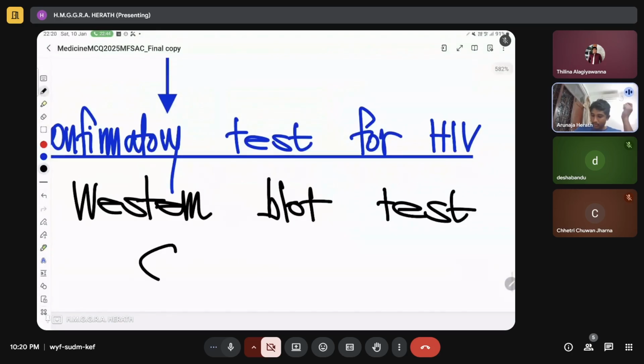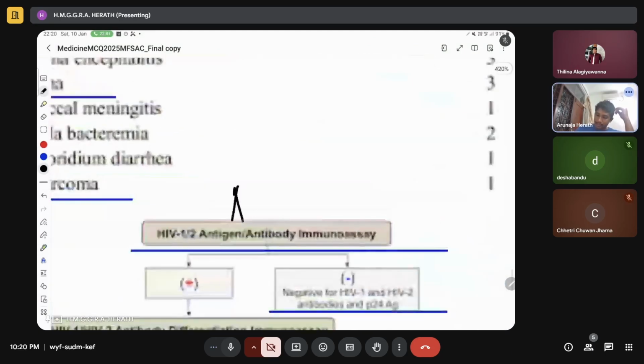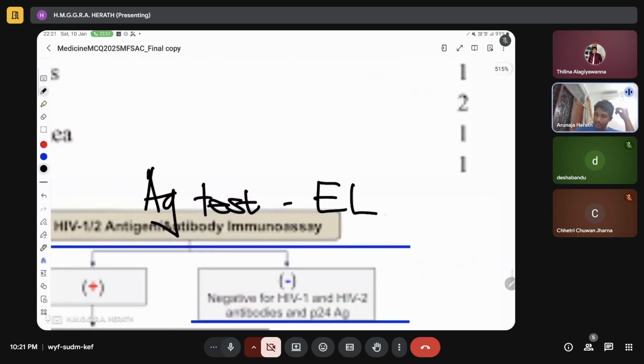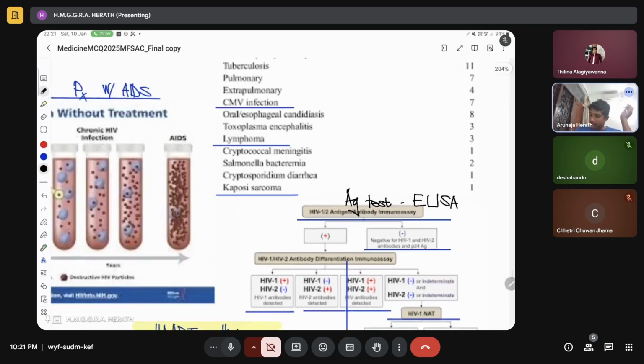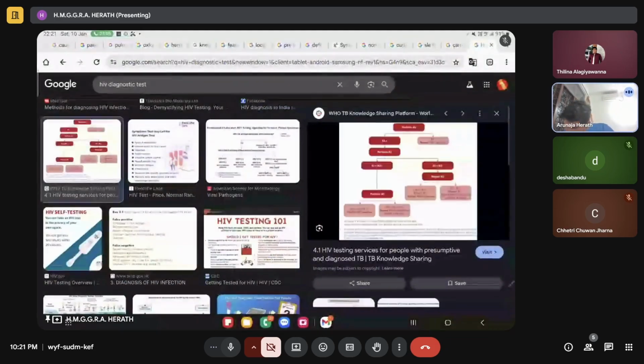This is also similar to PCR, HIV DNA PCR. Okay. So antigen test and ELISA are similar. What you check in the antigen test is also just screening. We'll check now.